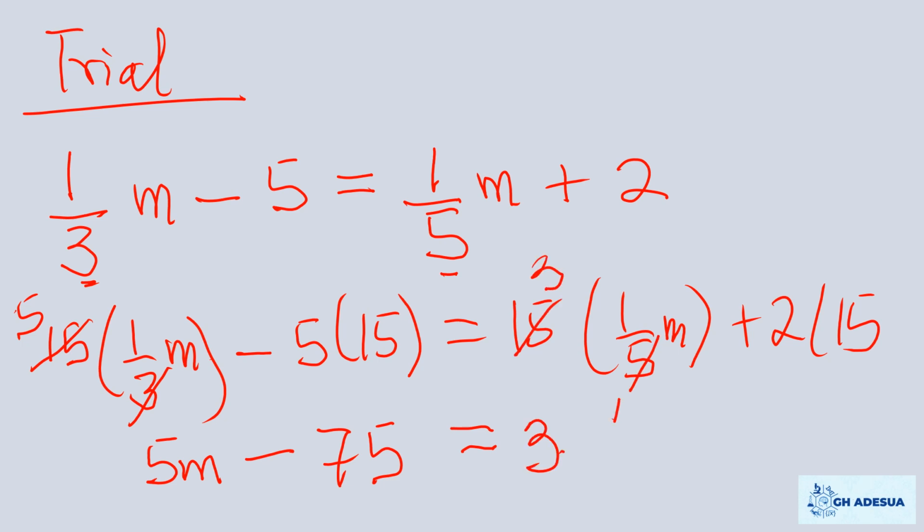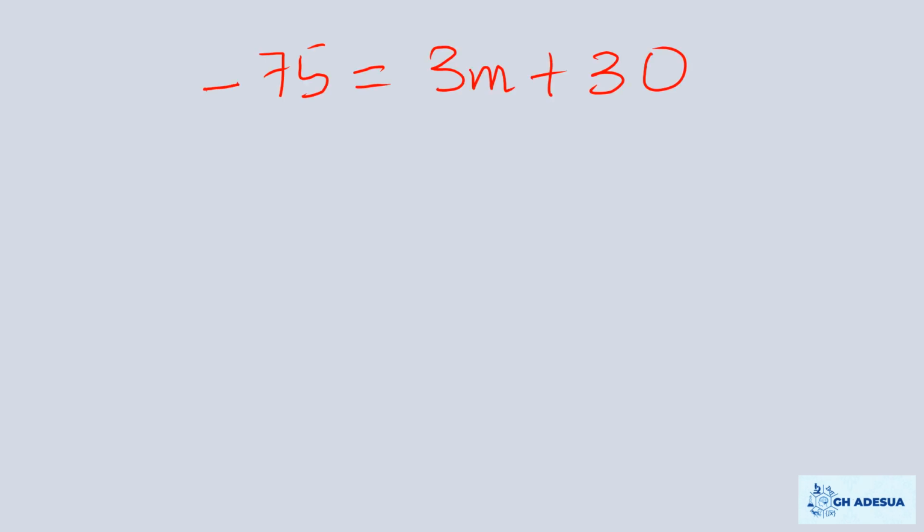So we'll have 3m plus 2 into bracket 15 is 2 times 15, that is 30. So we have 5m minus 75 is equal to 3m plus 30. So let's take it to the next page. So we have 5m minus 75 equals 3m plus 30.